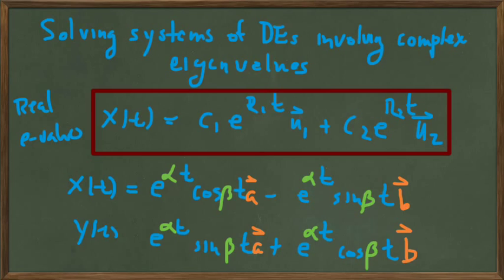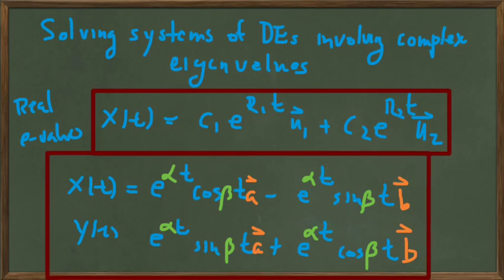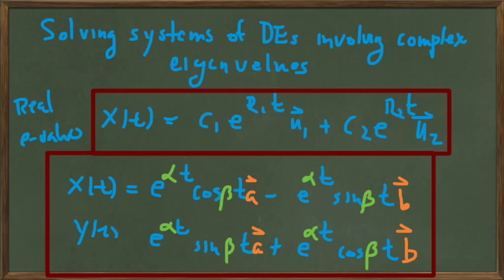So here is what the solutions look like when we have complex eigenvalues, and actually we have complex eigenvectors too. Remember that when we solve something involving complex numbers, we get an alpha plus or minus beta i. So alpha plus or minus beta i are the eigenvalues.